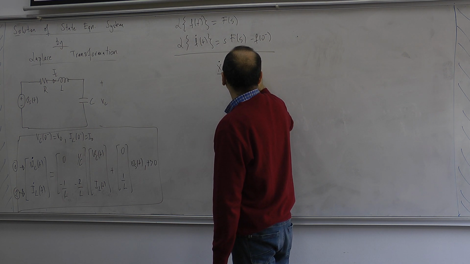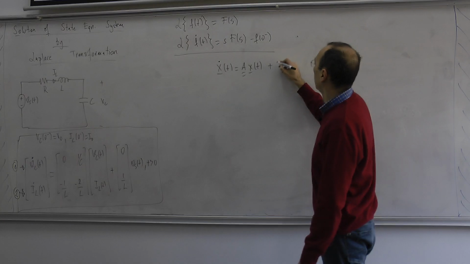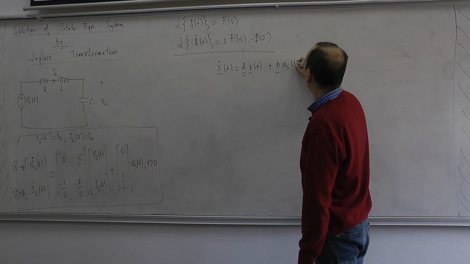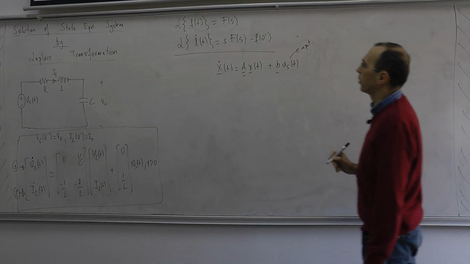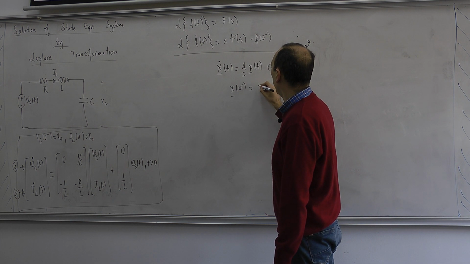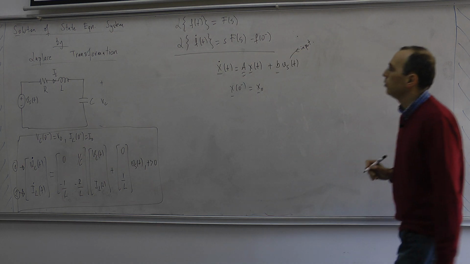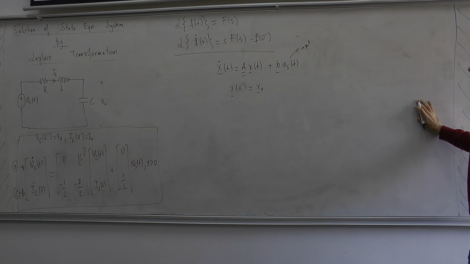State vector derivative equals state vector's linear combination plus b times, there is a single input, this. Okay. So I am given 0 minus values of the solution as a fixed vector over here.